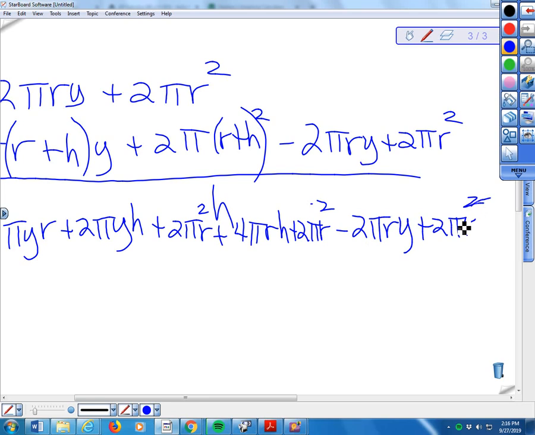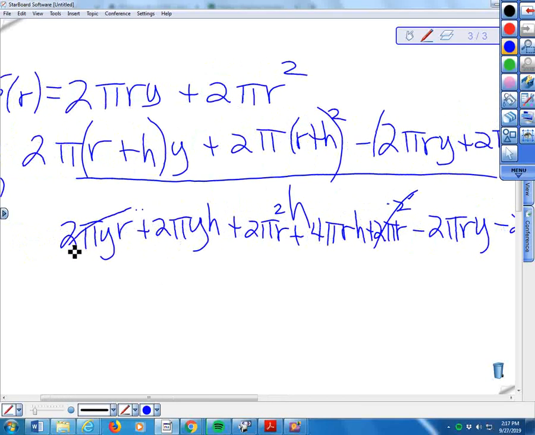So that cancels. Well, this whole thing needs to be here, so this is negative. That cancels with this, and I have 2 pi ry, which cancels with this. So everything should just have an h in it.